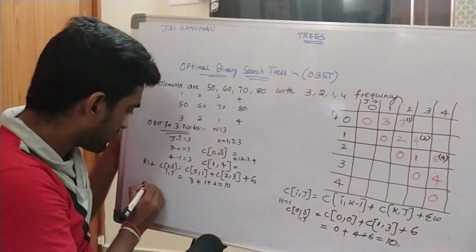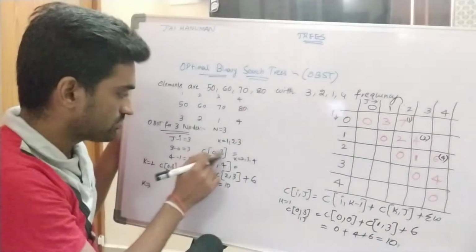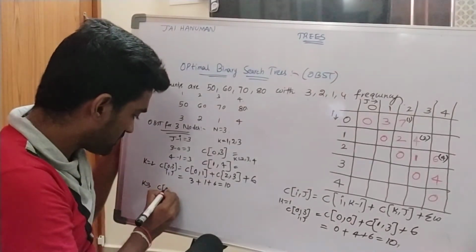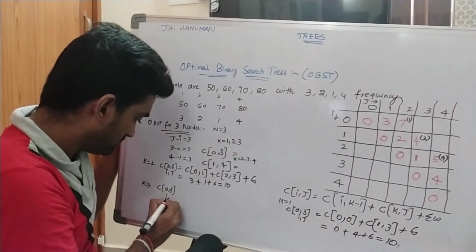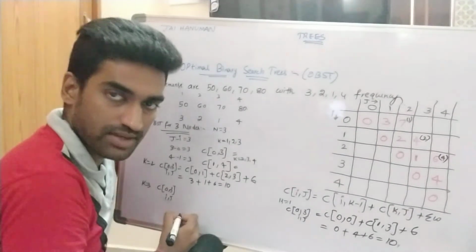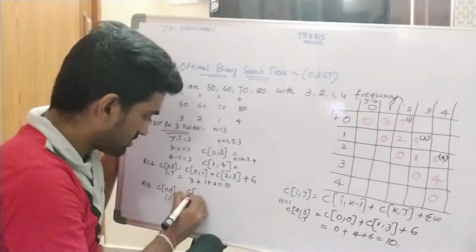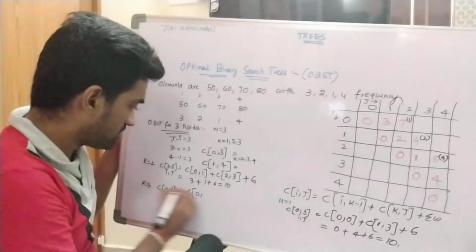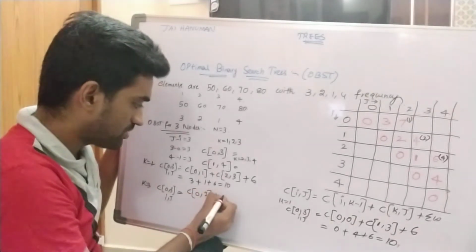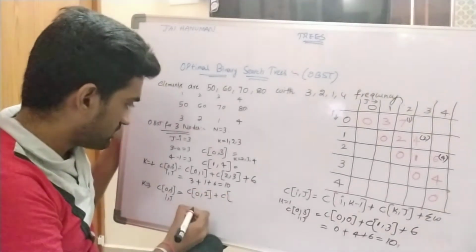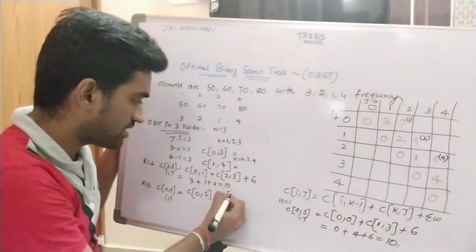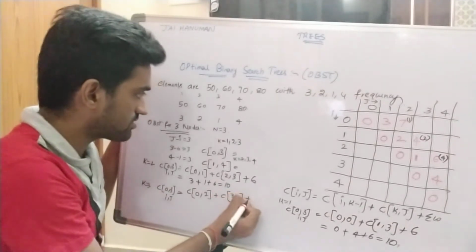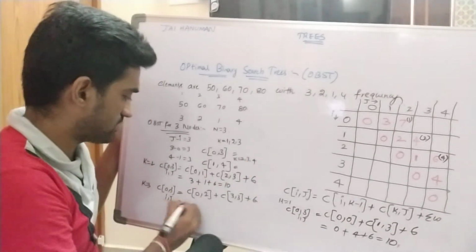Again we calculate for k equal to 3, the cost of 0 comma 3. Here the cost of 0 comma 3 minus 1, 2, plus the cost of kj, 3 comma 3, plus 6.